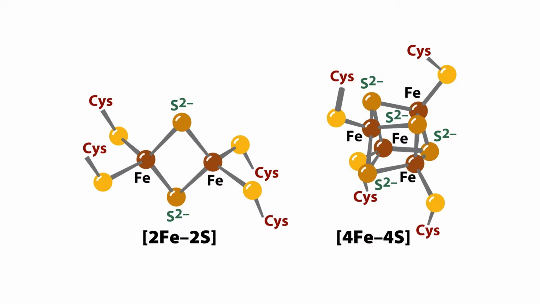So Fe then, in this particular one, is coordinated by 4 sulfur ions, and in the other, each of those 2 iron atoms is coordinated by 2. Iron then can fluctuate between the +2 state and the +3 state. So it can accept or be reduced and then transfer those electrons.